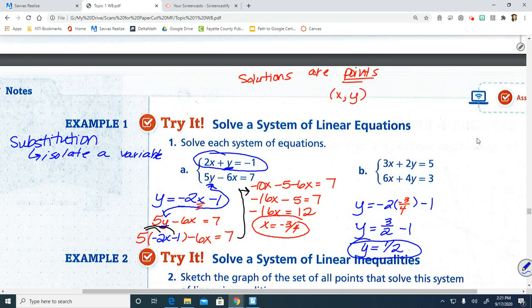So then you might see your answer written like this with negative 3/4 and 1/2, or you might also write your answer as negative 3/4, comma, 1/2. So that's what my solution is. Now, I'm going to erase that because now I need to talk about elimination.